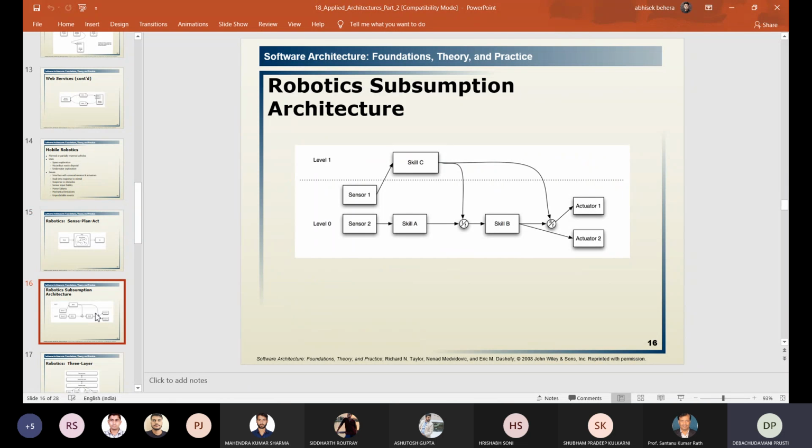Then the subsumption architecture. Here you can see level 1 and level 0, and how the skills are maintained here.